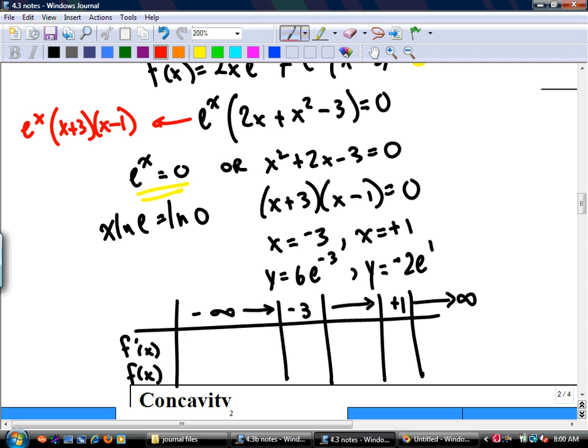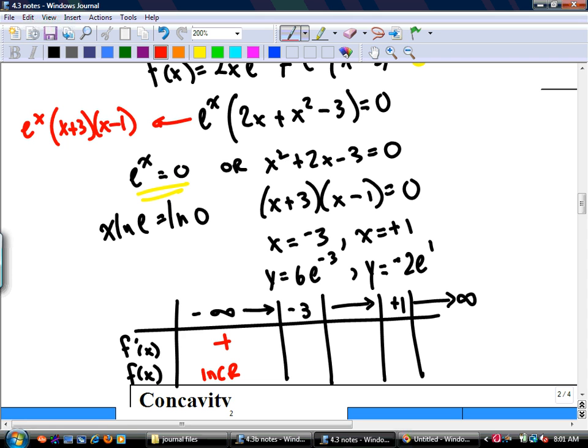Okay, pick a number between negative infinity and -3. -4. e to the -4, positive. -4 plus 3, negative. -4 minus 1, negative. What is a positive times a negative times a negative? Increasing.